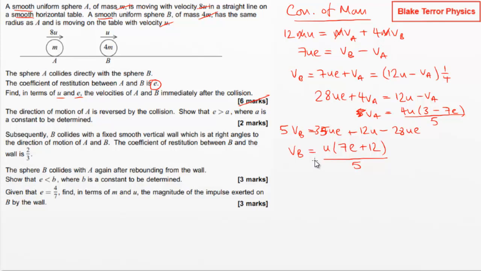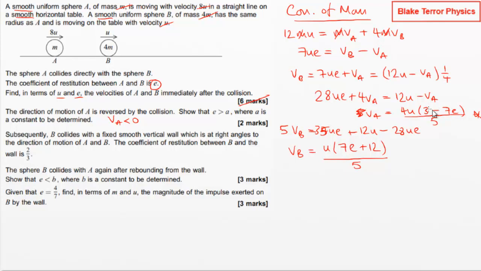Direction of motion of A is reversed by the collision. Show that E is greater than A, where A is a constant to be determined. So we're looking at this thing here. This is the velocity of A after the collision. If the direction of motion has been reversed, this has now got to be negative. So this is just saying that VA is less than 0. In which case, we know U is positive. We know that E is positive here.